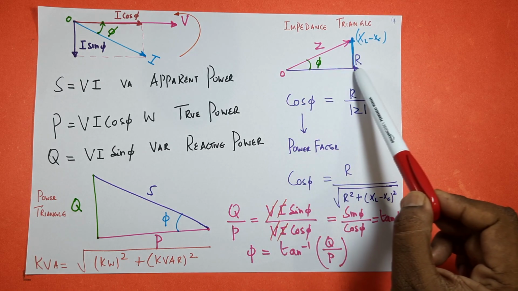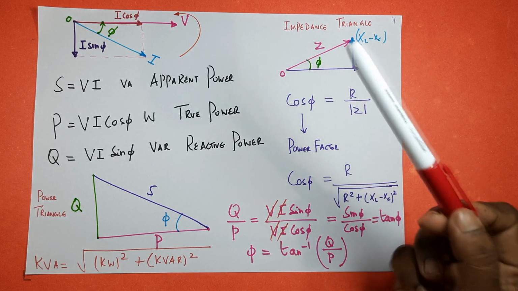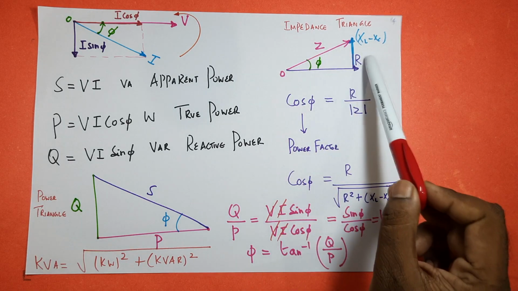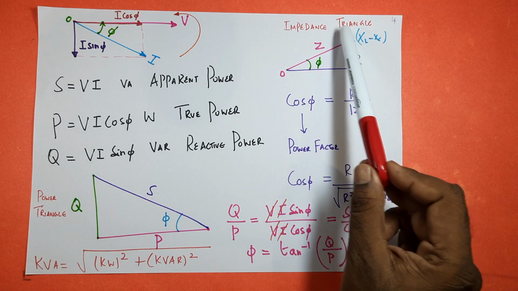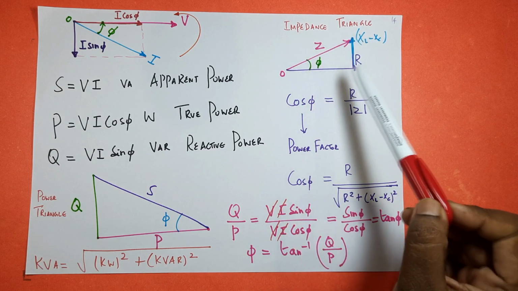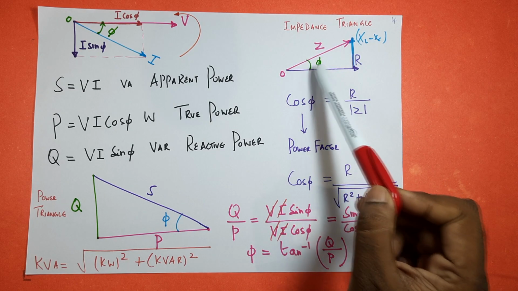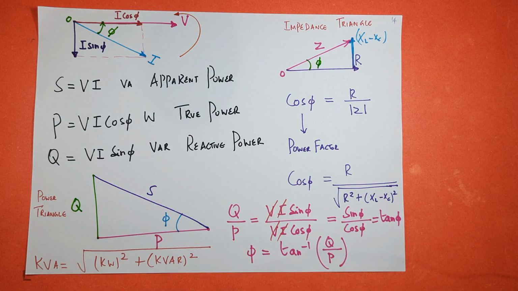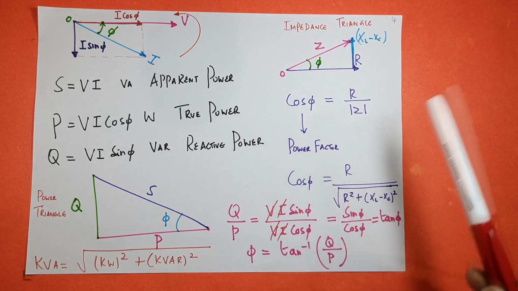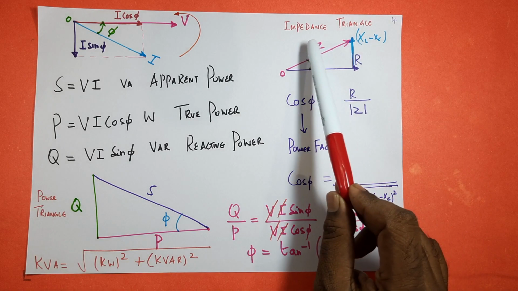So the vector addition or phasor addition of these two is nothing but Z. This is called your impedance. This angle is your phase angle. What is cos phi in this? Adjacent divided by hypotenuse.